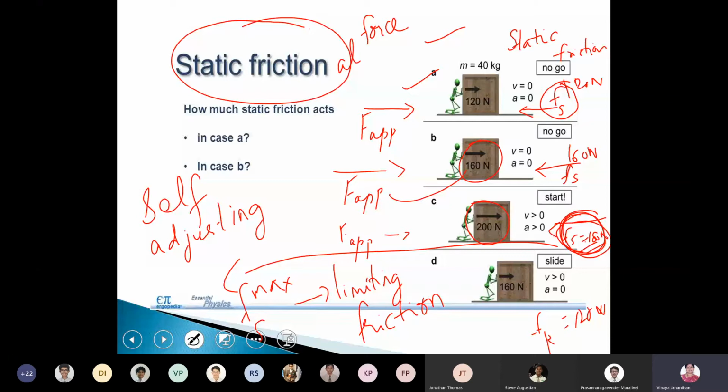This frictional force that comes into play as the body keeps on moving over the other surface, we call it kinetic friction. So only two types of friction: static friction and kinetic friction. The maximum value a static frictional force can take just when the body begins to slide is limiting friction.